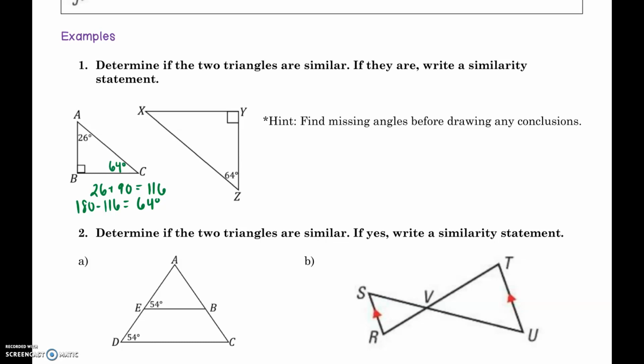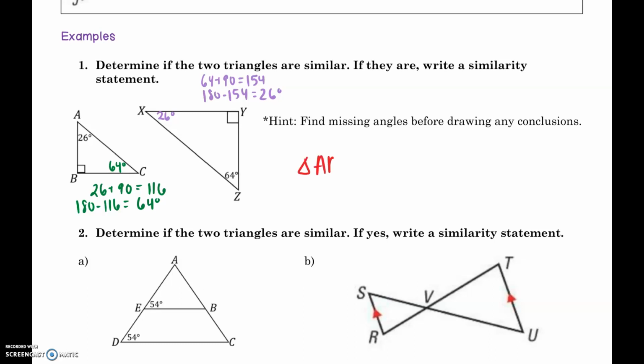And for the measure of angle X, we can do 64 plus 90, which is 154, and then we can do 180 minus 154, and we get 26 degrees. So after finding the missing angles, we can see that we do have two pairs of corresponding angles that are congruent. So we can say that our triangles are similar.